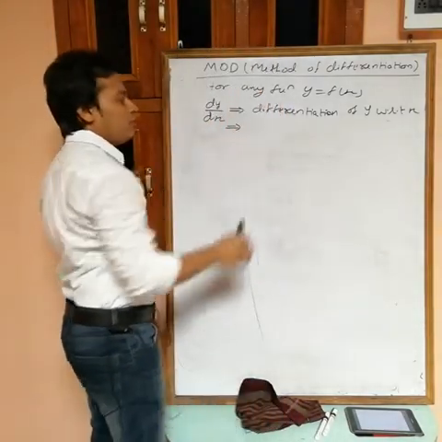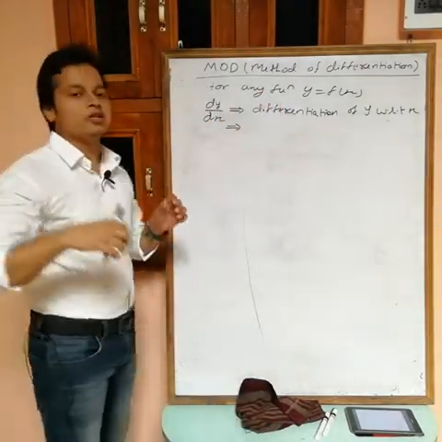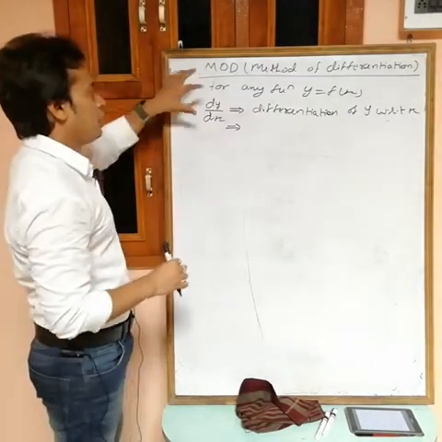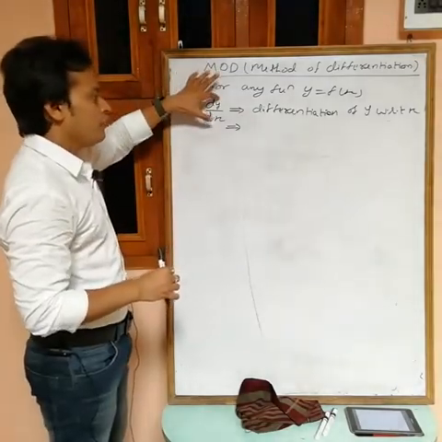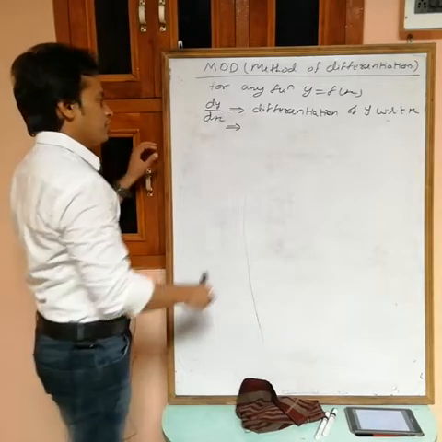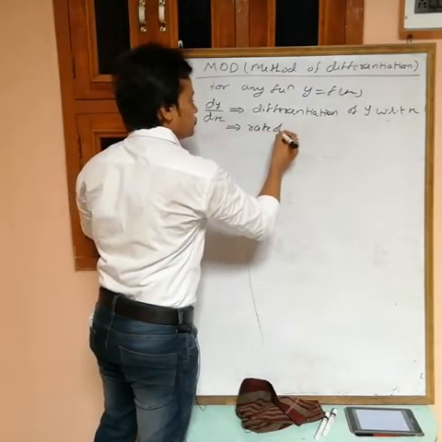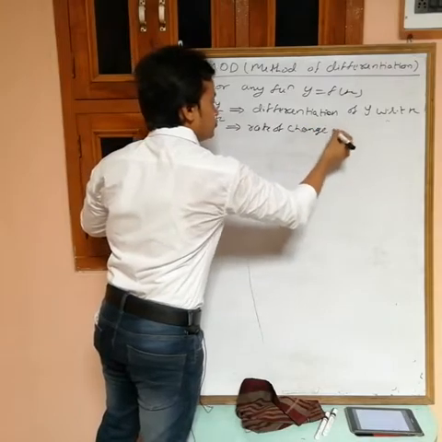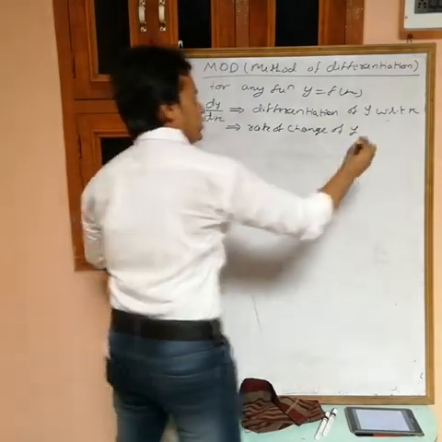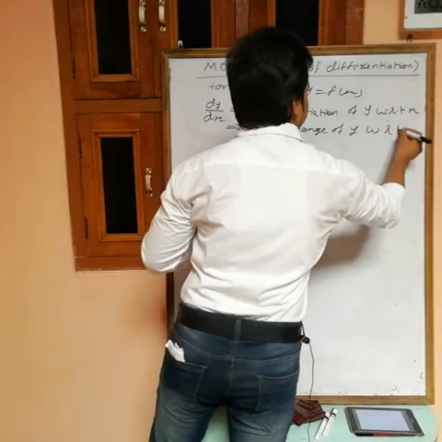The physical meaning of dy by dx is that it represents the rate of change of y with respect to x. You can read it also as rate of change of y with respect to x.